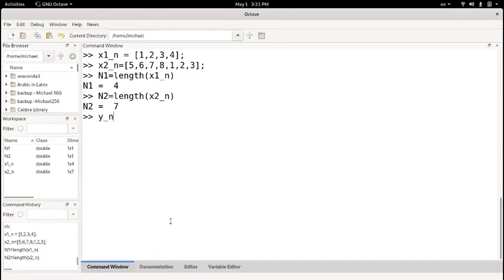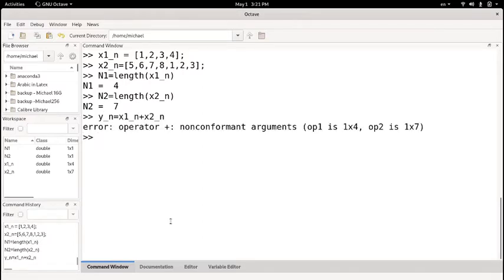If I try to define a sequence y of n that's equal to x1 of n plus x2 of n, I will get an error message because they have different lengths. So I first need to zero pad the shorter sequence with a number of zeros in order to make sure they have the same length.